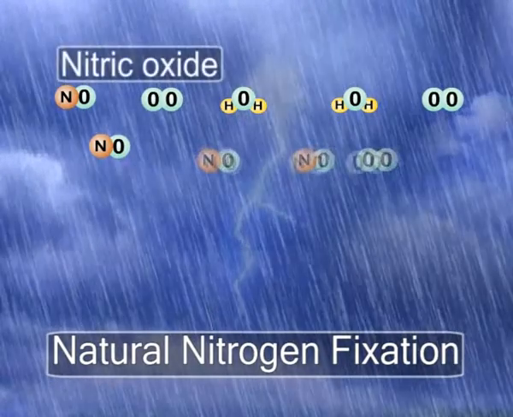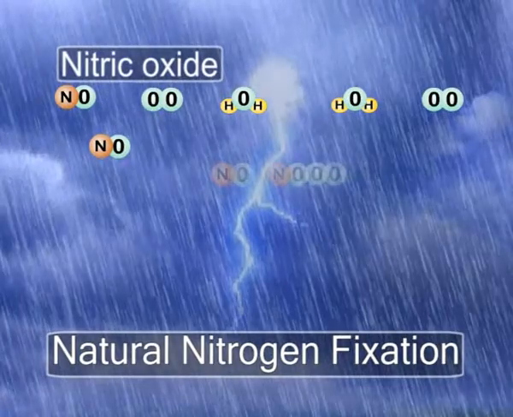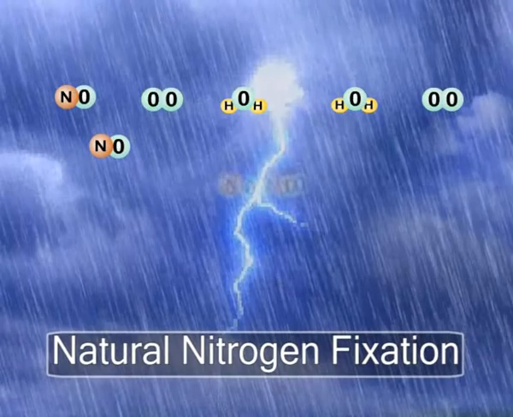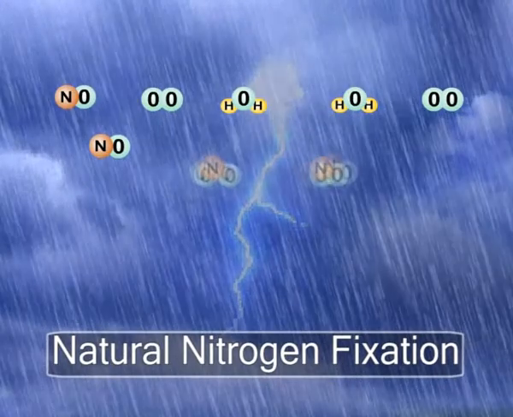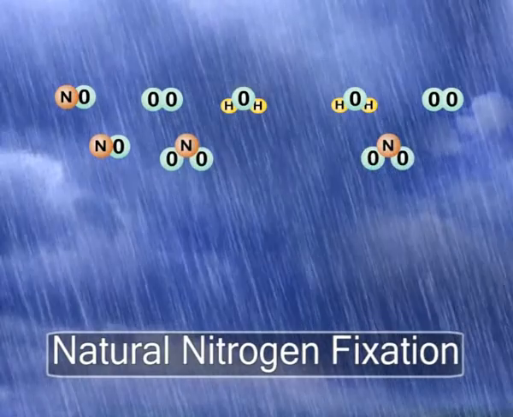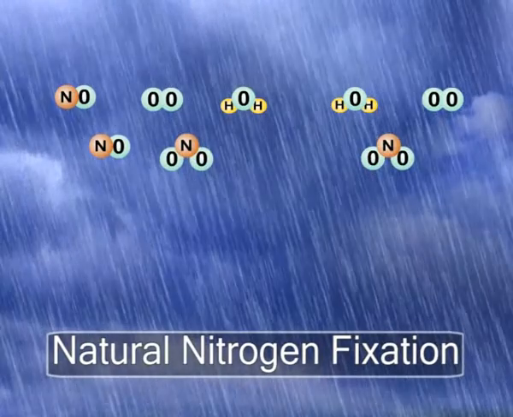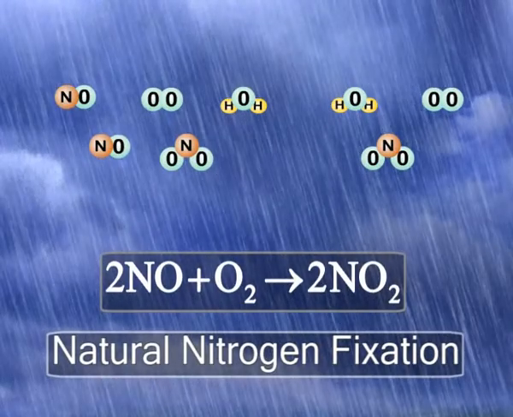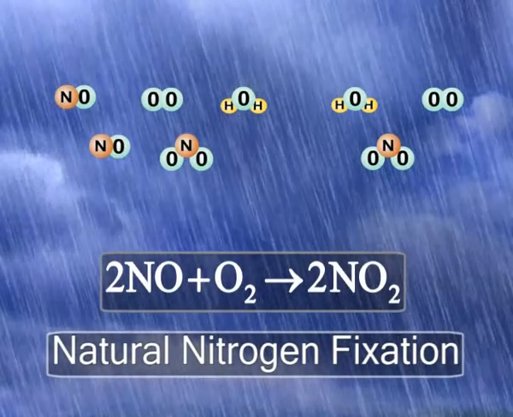Further, nitric oxide is oxidized with the help of O2 to form nitrogen dioxide, as shown here in the visual. This reaction can be represented as 2NO plus O2 gives 2NO2.